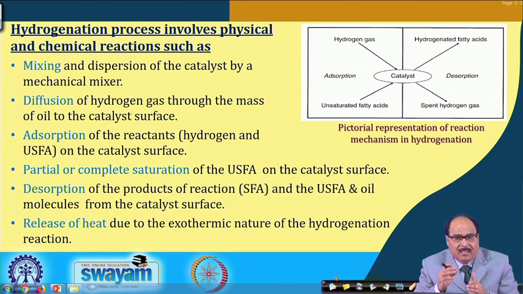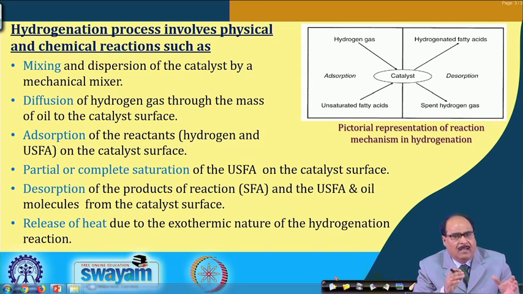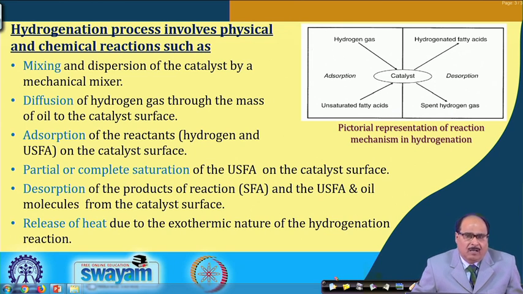Then desorption of the products of the reaction, like saturated fatty acids and some unsaturated fatty acids or oil molecules, from the catalyst surface, and finally release of heat due to the exothermic nature of the hydrogenation reaction. These are the different stages which take place during the hydrogenation process. The same thing has been shown here in this diagram pictorially.